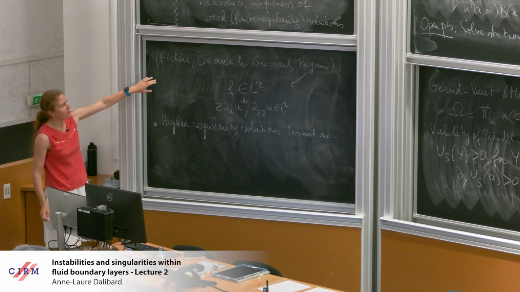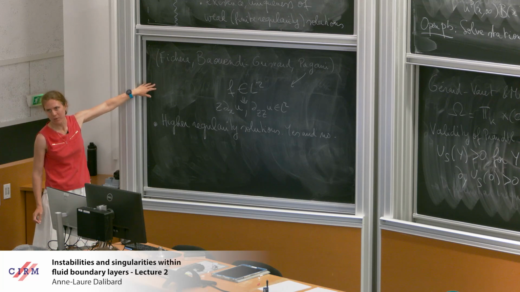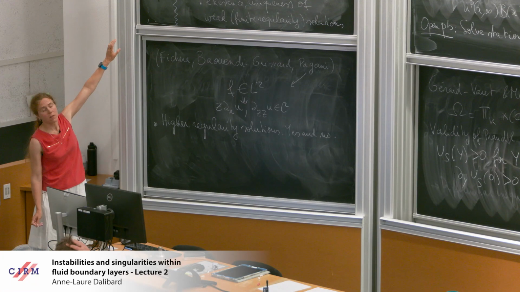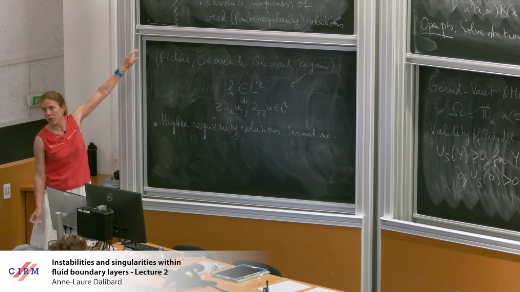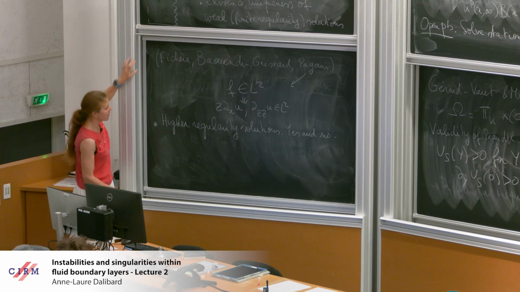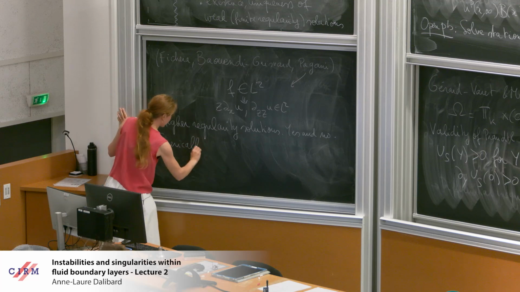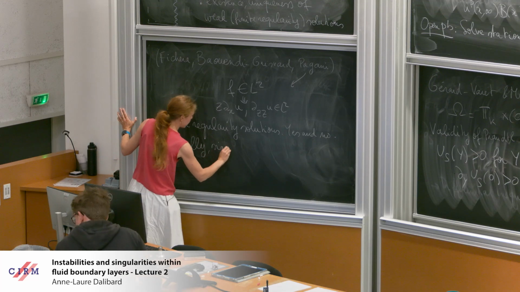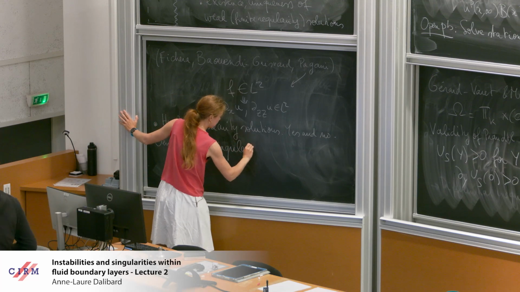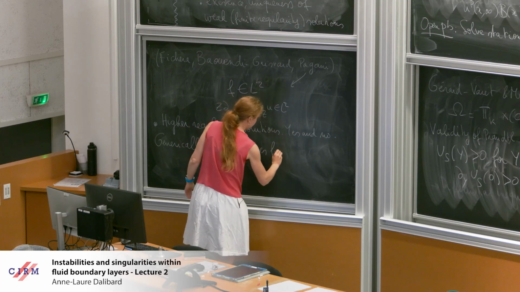Let's say that you take f super smooth, like C infinity with compact support, the smoothest thing that you can think of. Generically, there will be singularities for the solution. So generically, you have singularities for smooth data.